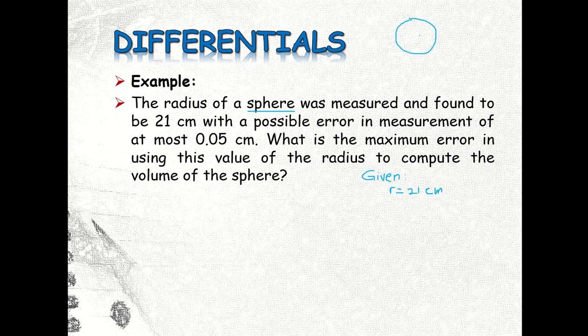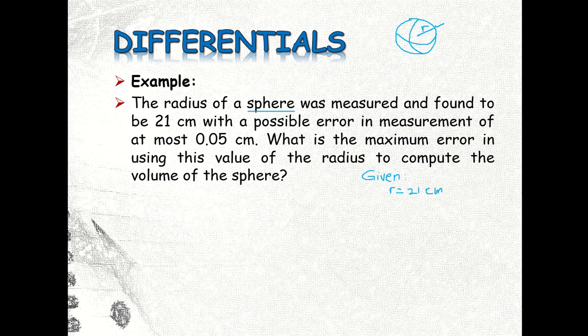It's circular. Since that is a sphere, assuming this is the center, we have here the radius. More or less it will look like this, or something like this. This is the radius r. Now we have a possible error in measurement. It means that if this is our r, it can be that r is more than this, it may go beyond.